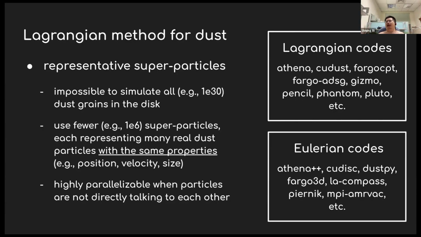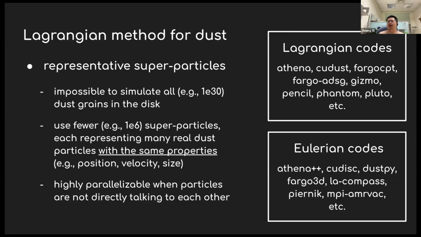In the meantime, it faces the problem of dust crossing, because when you involve very small and very large dust particles at the same time, dust crossing is not very well handled by the Eulerian method. So both the Lagrangian method and the Eulerian method have their own advantages and problems.